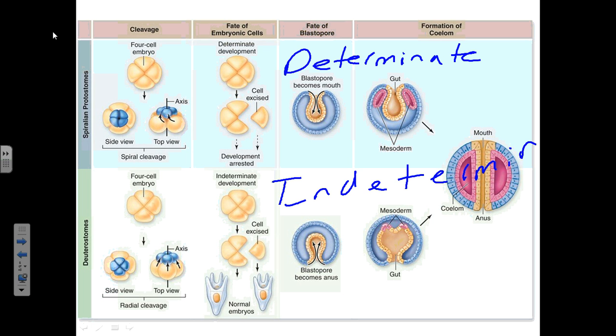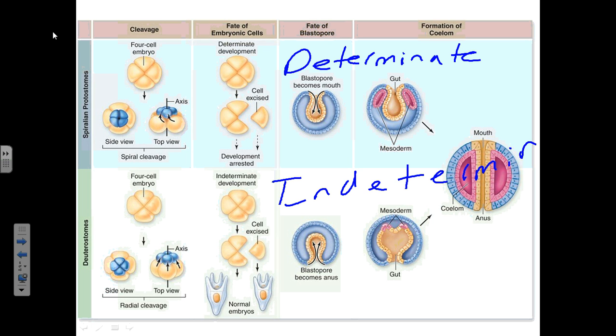Whereas in deuterostomes, that initial opening into the embryo, into the blastula, the blastopore, becomes the anus. It opens up into the archenteron, or the primitive gut. Cleavage is indeterminate, meaning that the cells retain their ability to be stem cells for much longer. And the cells form in a more radial pattern rather than in a spiral pattern.